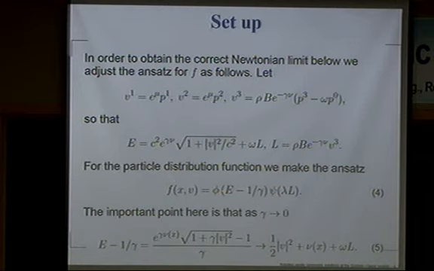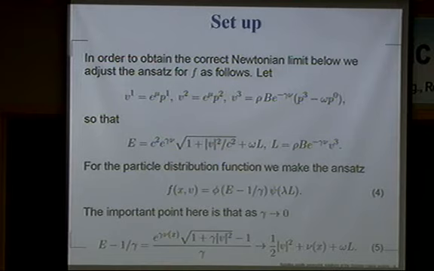So the first function only depends on the particle energy, and the second function psi depends on the angular momentum. And in the limit as gamma goes to 0, this quantity here will take this form, and if omega is 0, this is exactly what we have in the case of the Newtonian situation, where nu then is the Newtonian potential. So this is the ansatz.